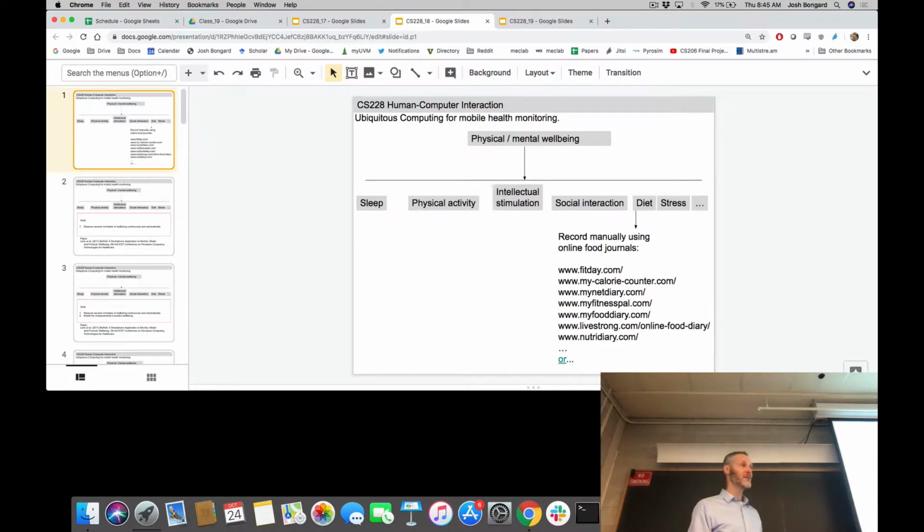You can try and convince someone to take a photo of every meal they take, but it's not a very acceptable approach to measuring diet because, again, it's kind of onerous on the user, and stress as well. What are some other correlates of physical and mental well-being that we might try and create instrumentation to measure the correlates of it?